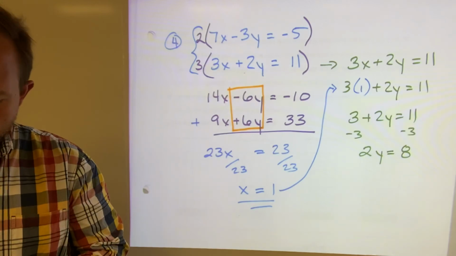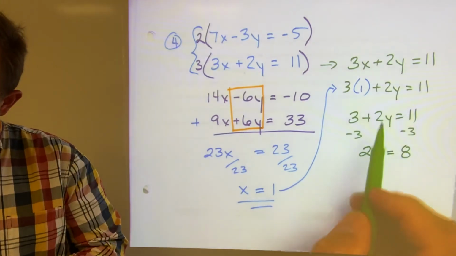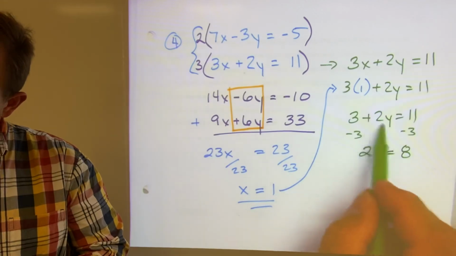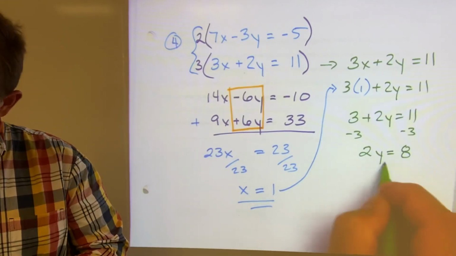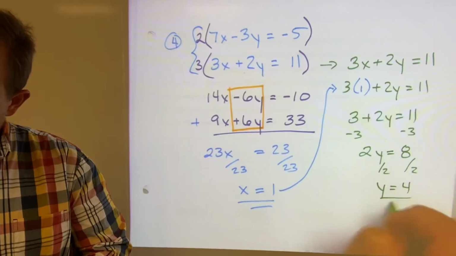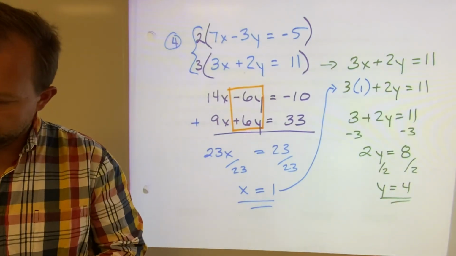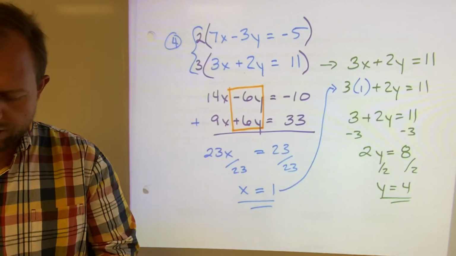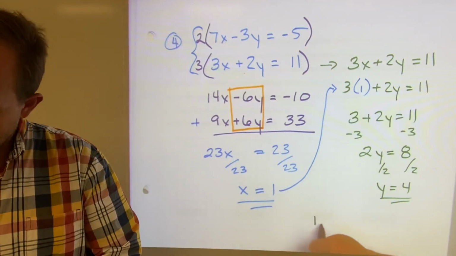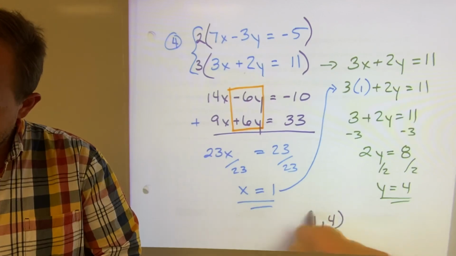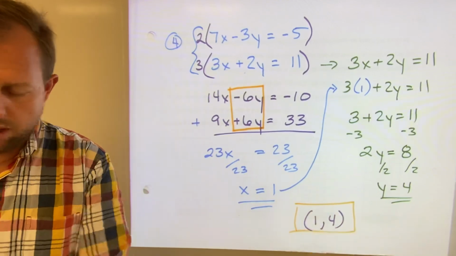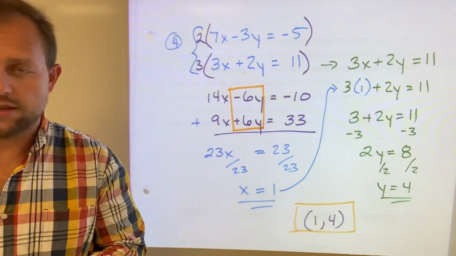And when we take the 2y and we divide through, we get y equals 4. Okay, so our answer here is going to be 1, 4. That concludes our review of substitution.